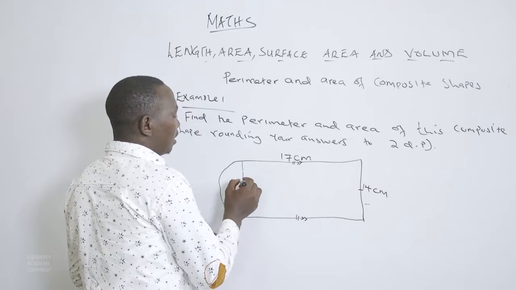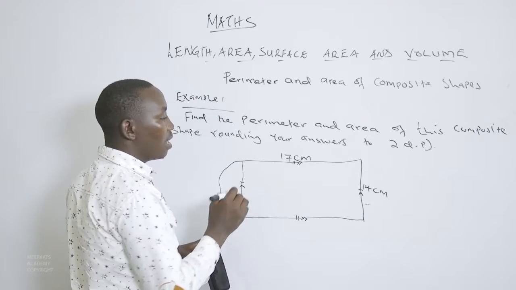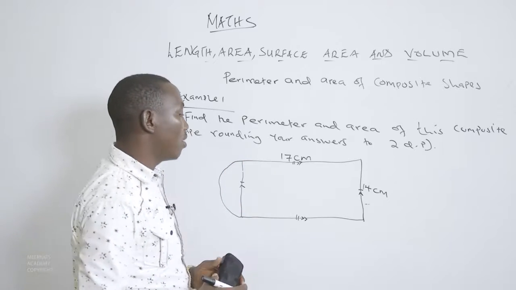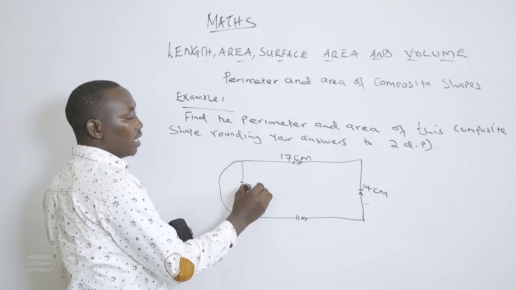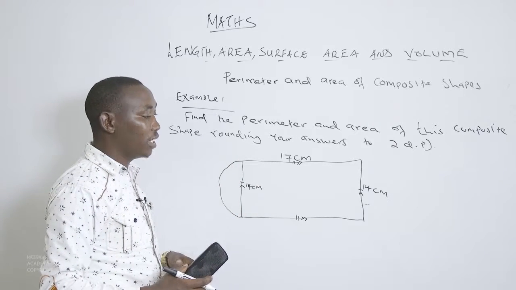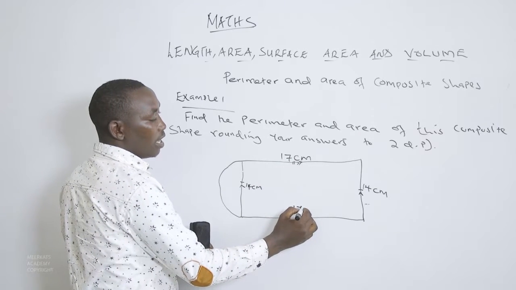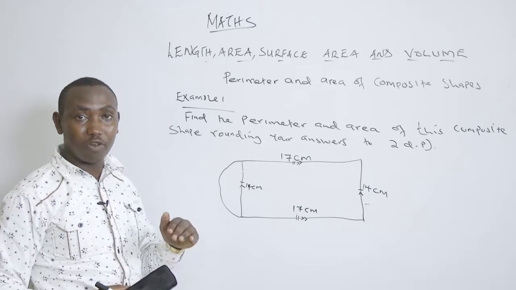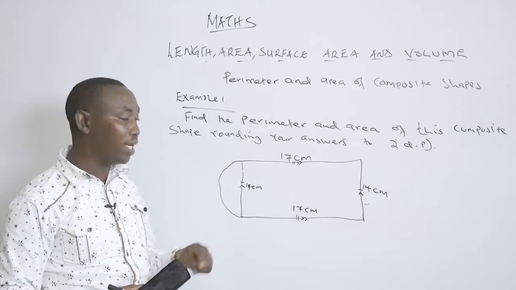Again, this side and this side are going to be equal, and parallel because they are the opposite sides of a rectangle. Given that this is 14 centimeters, the other side will also be 14 centimeters. Given that this is 17 centimeters, this shall also be 17 centimeters, because opposite sides of a rectangle are parallel and equal.